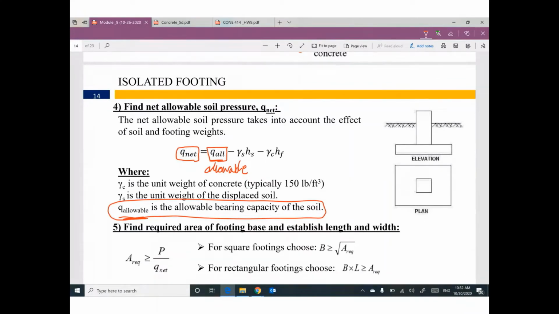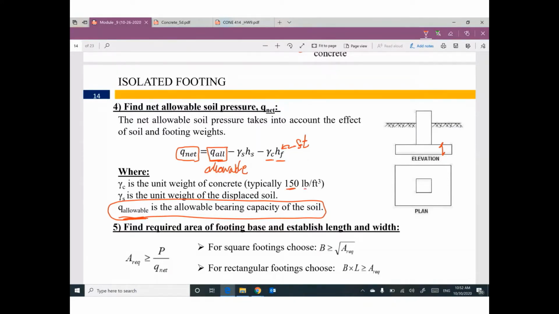But from this allowable, we need to subtract the weight of footing, which is gamma concrete times thickness of the footing, and make sure that this thickness is in feet, because gamma concrete is 150 pounds per cubic feet.